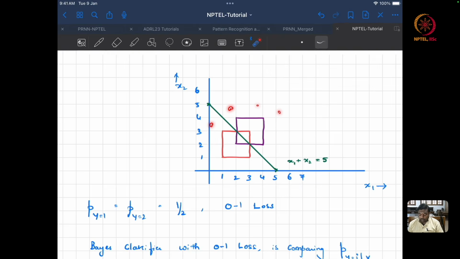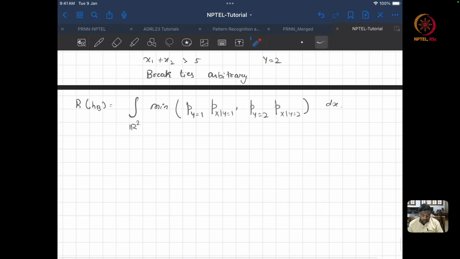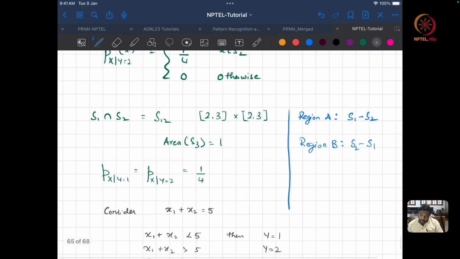And outside these two regions the density is 0, so I don't need to even consider that. So considering the overall R2 support, I can divide this whole thing into region A, region B, and then there is one more region C, which is S1 intersection S2.